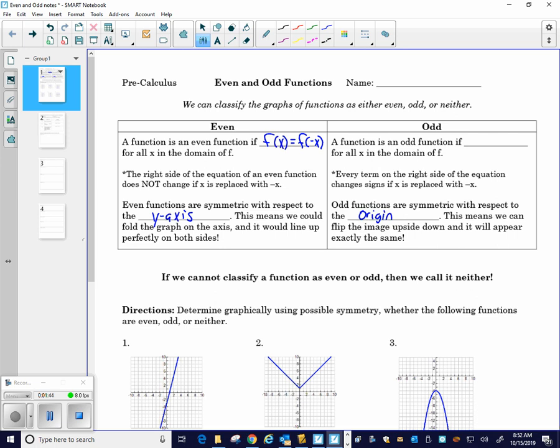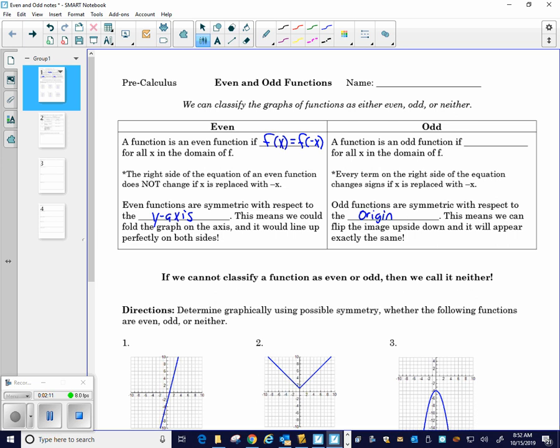And the test for that one, if you remember, we said that the x's and y's were exactly the opposite sign for the odd function. So if you have a positive x and a negative y, then you would have the exact same point, but the opposite sign. So you would have a negative x and a positive y, if I said that right. I'm not sure if I did.